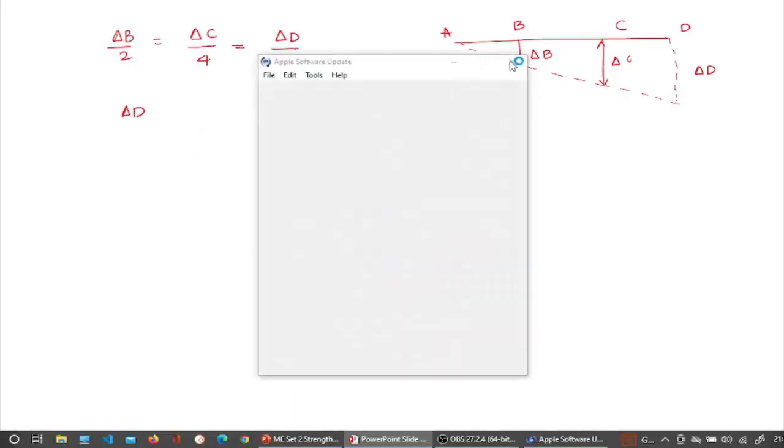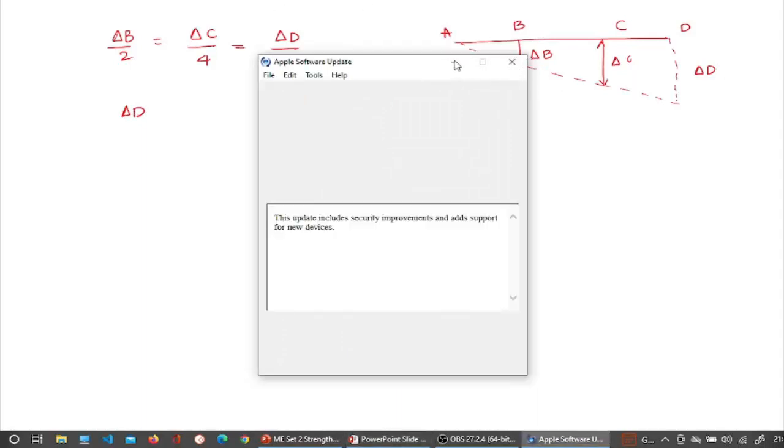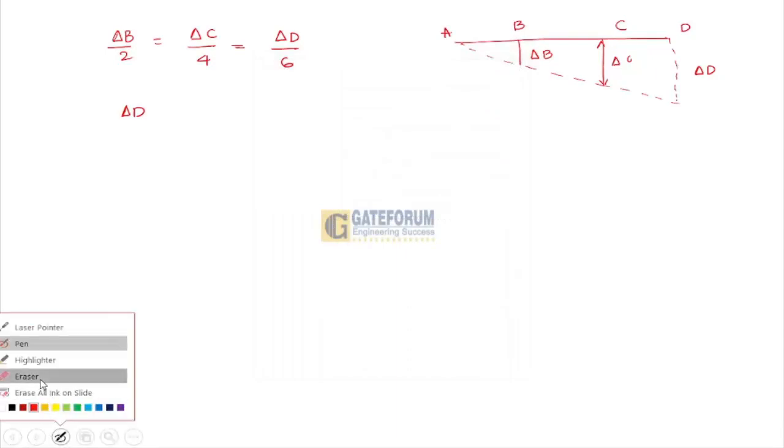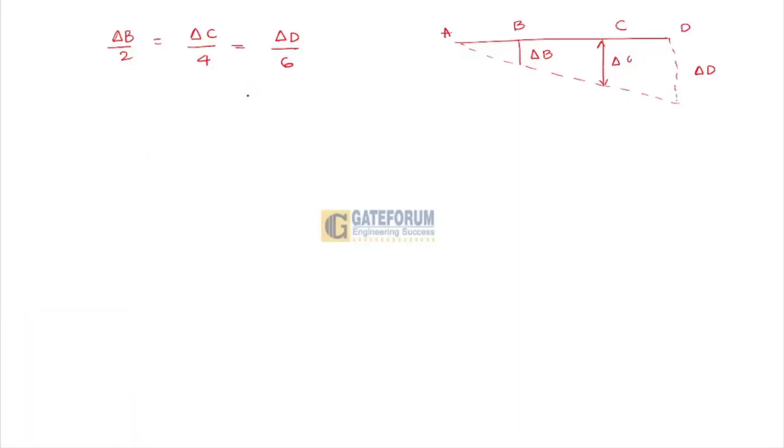Delta D is equal to T dash A by AE. Delta B plus delta C is equal to T into TA by AE.